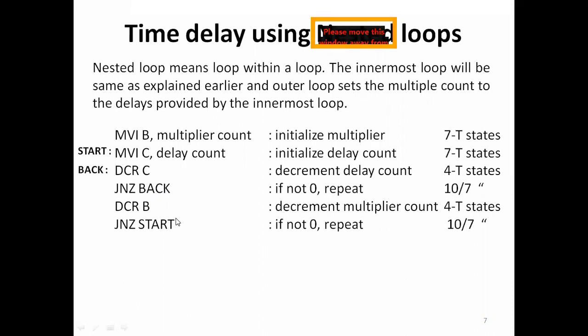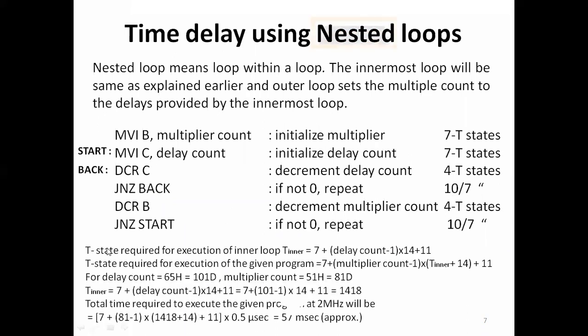So let us now calculate the total number of T states required to execute this particular program. Now T states required for the execution of the inner loop. The inner loop consists of MVI C, delay count, decrement C, and jump on non-zero. This is the part of the inner loop, and the rest is outside the loop.